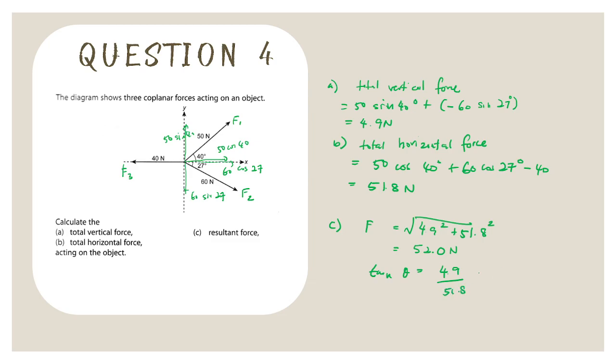Okay, so theta equals 5.4 degrees above horizontal.